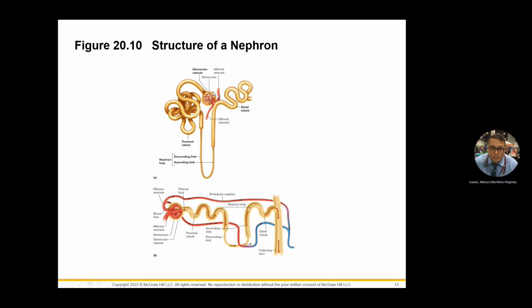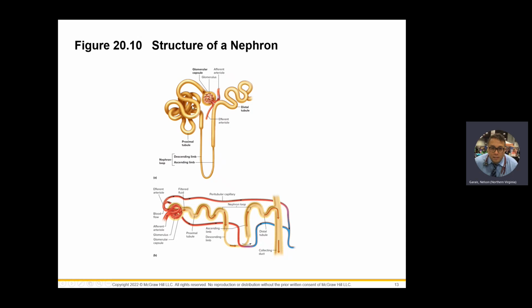Once the blood gets filtered in the glomerulus, it goes through the Bowman's capsule. Bowman is spelled like it sounds, B-O-W-M-A-N. After the Bowman's capsule, you go through a proximal convoluted tubule.